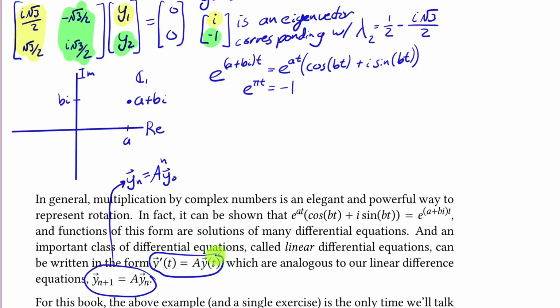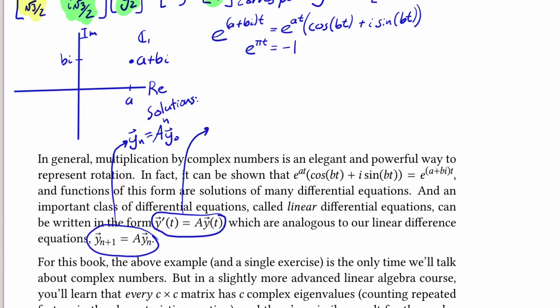This is a thing you'll study in a standard ordinary differential equations class. It turns out they have solutions that can be written in the form y of t equals e to the power A t times some initial conditions vector. But you might be thinking, what the heck is e to the power At?